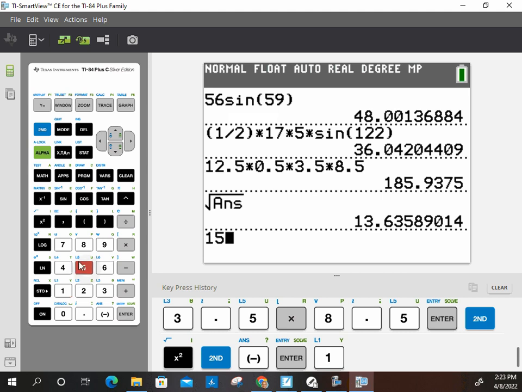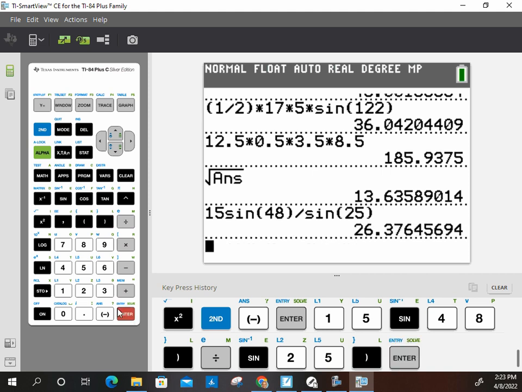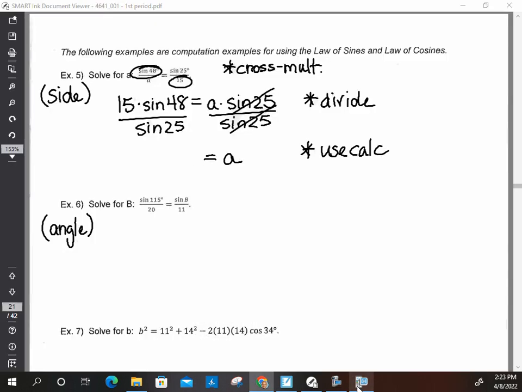15 sine of 48 divided by, yeah, by the sine of 25. So 15 sine 48 divided by the sine of 25, 26.376. There's your answer.